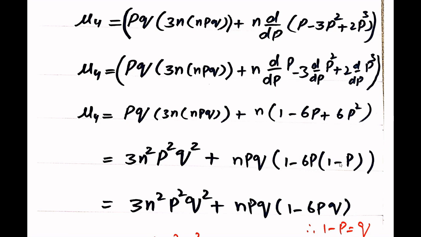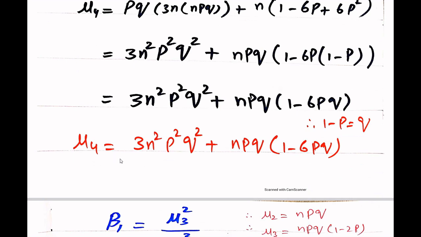The plus sign converts into minus, and we are left with p. 1 minus p is equal to q. So we prove mu 4 is equal to 3 n square p square q square plus npq into 1 minus 6pq.